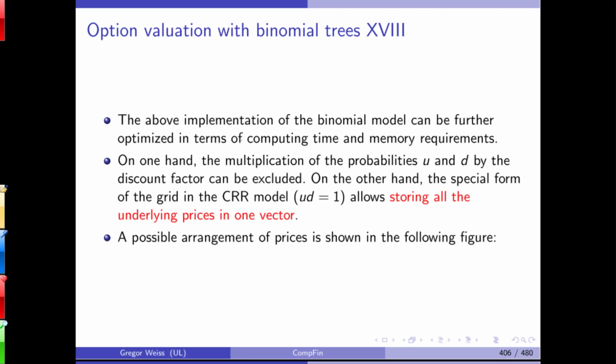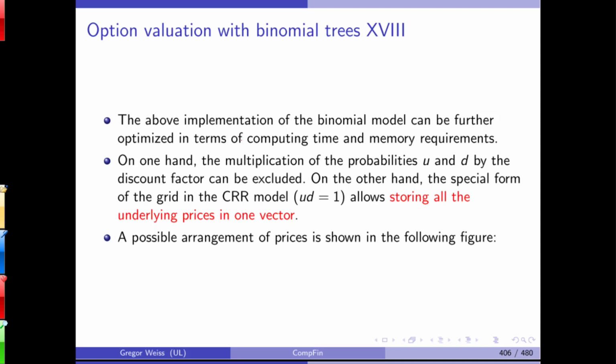Now, you can improve this program a little bit. For example, you have this multiplication of the probabilities u and d by the discount factor, and you can put it outside of the main for loop.